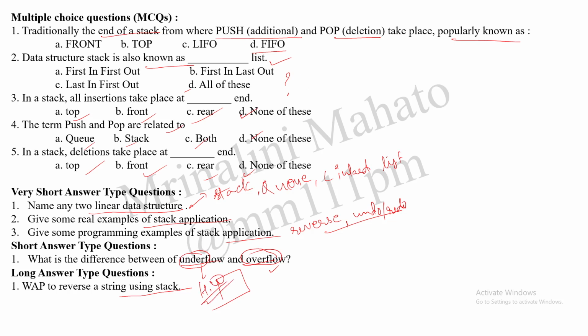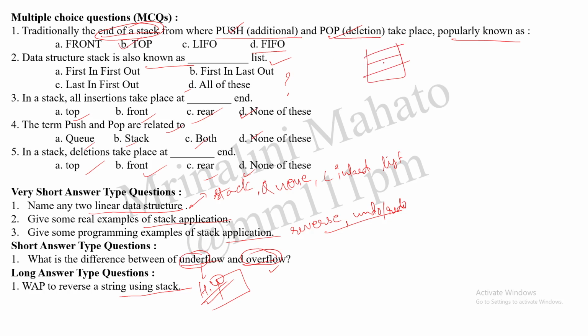Now come to the MCQ answers. Traditionally, the end of a stack from where push (addition) and pop (deletion) take place is popularly known as what? Whenever you do push and pop at the end of the stack, that is called top. We have seen that.